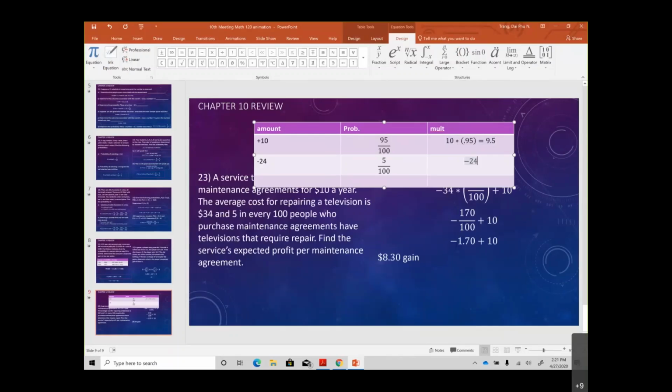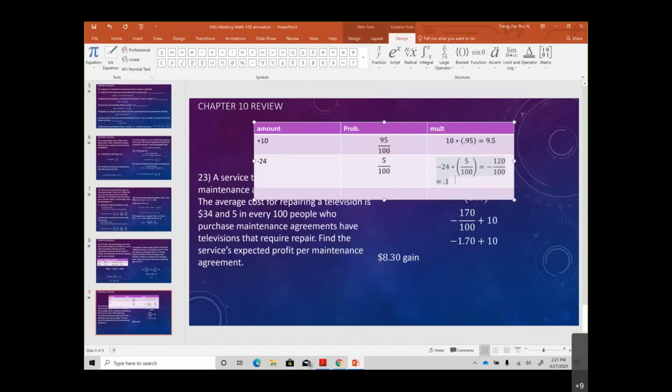Negative 24 times 5 over 100, which is negative 120 divided by 100, right? Which gives you negative 1.2.